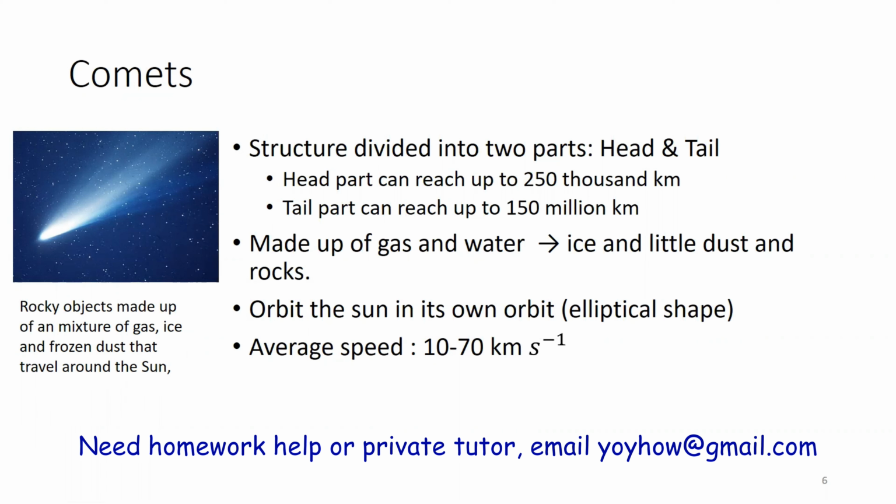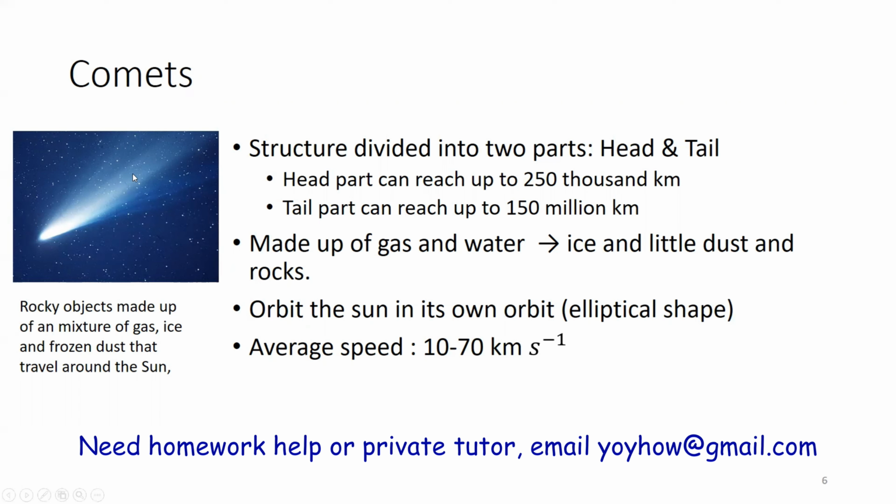The structure of your comet is divided into two parts, head and tail. How big is the size of the head? It can reach up to 250,000 kilometers. That's a lot actually.